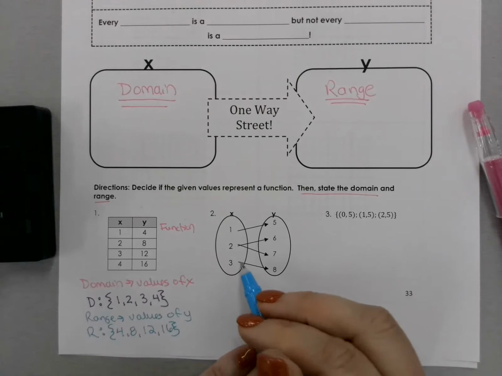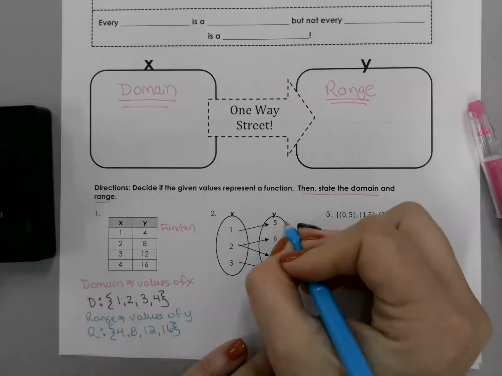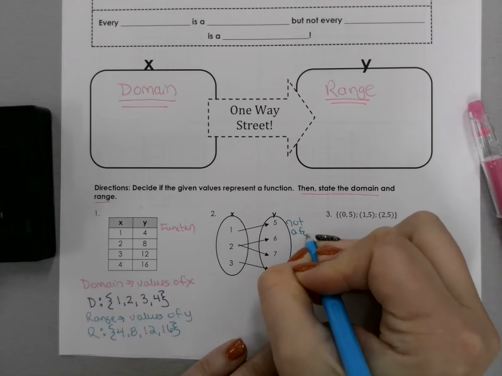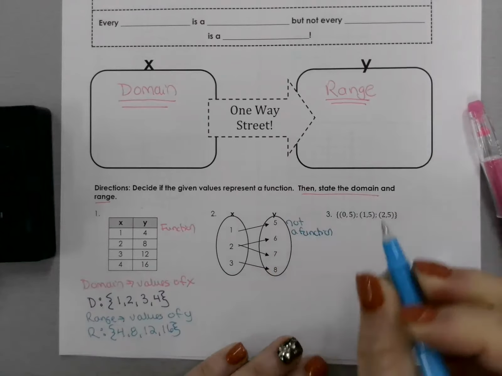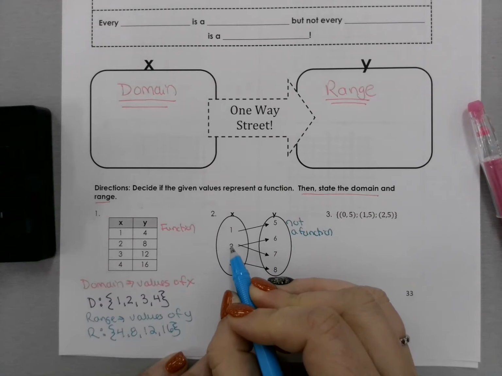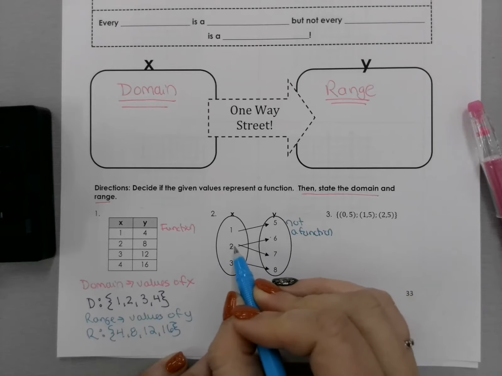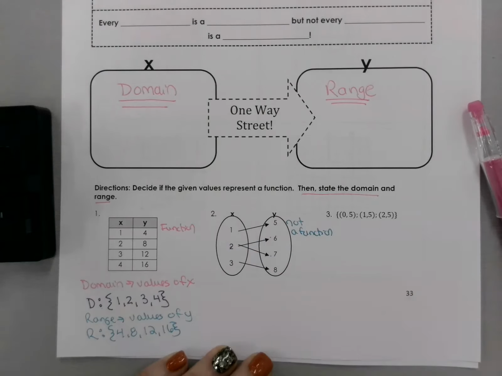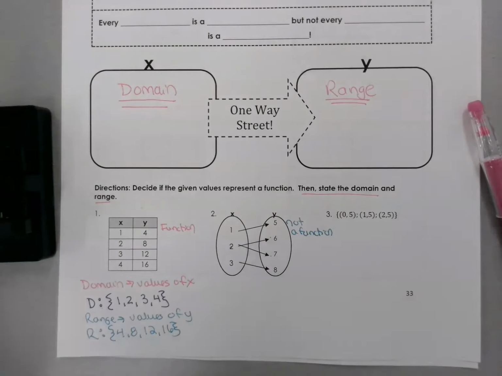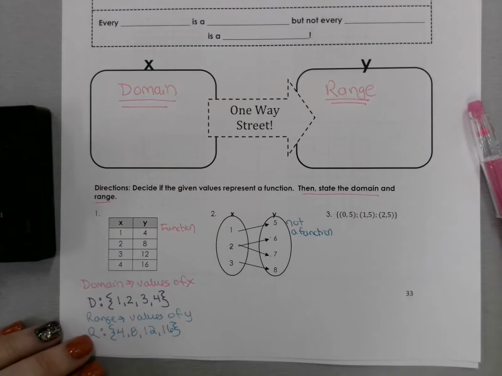In number 2, in this mapping diagram, we determined this was not a function. We determined this because I have 2 points where I have 2, 6, and 2, 7. So there are repeating x's, not a function. But I can still list my domain and range.